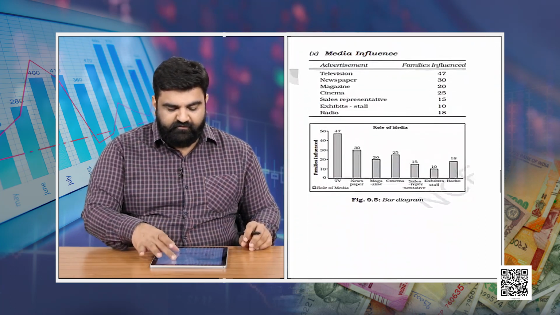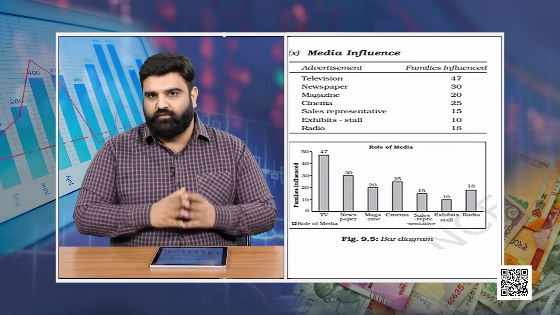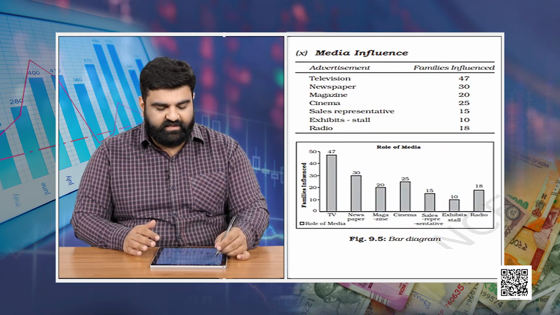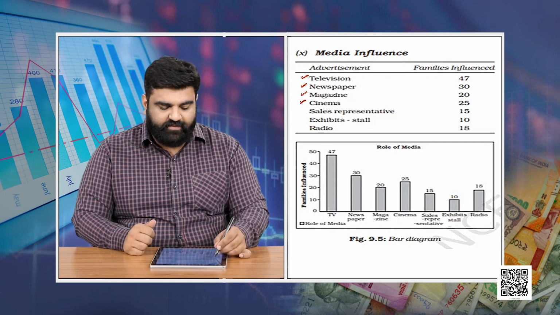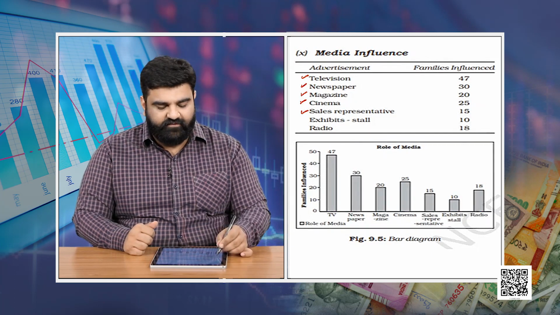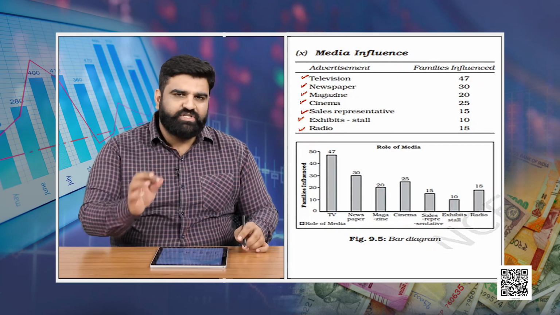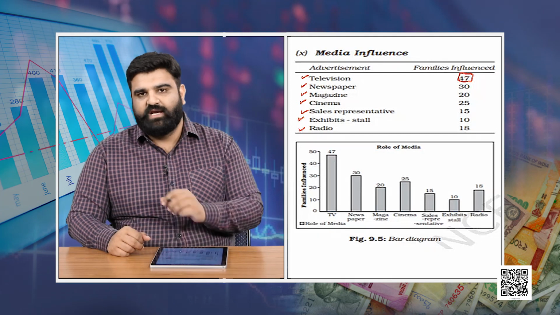Now, we have media influence. So, what was the influence of media on the selection of a toothpaste? We have different forms of advertisement, that is television, newspaper, magazine, cinema, sales representative, exhibit stalls and radio. We find that most number of people were attracted by television advertisements.